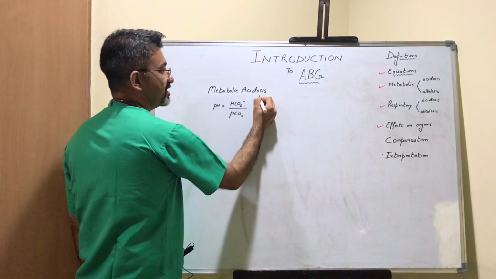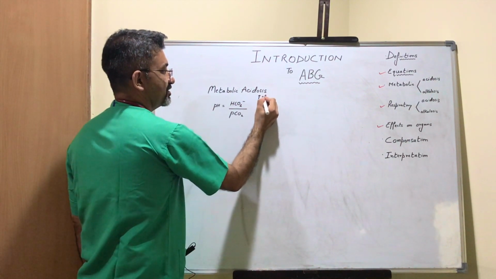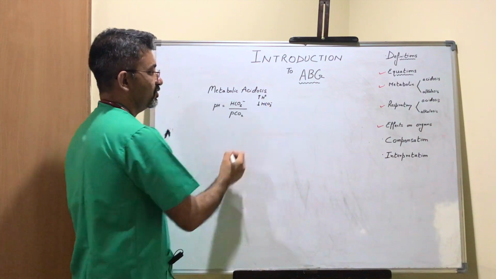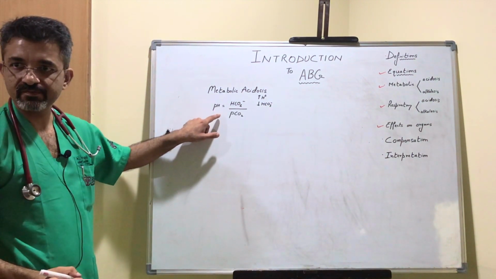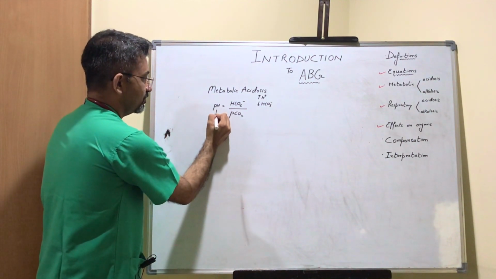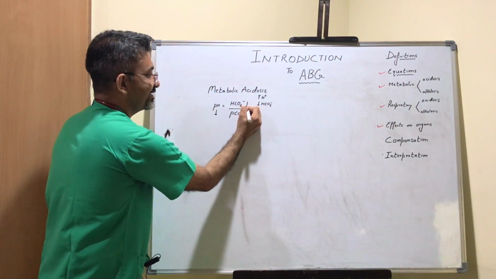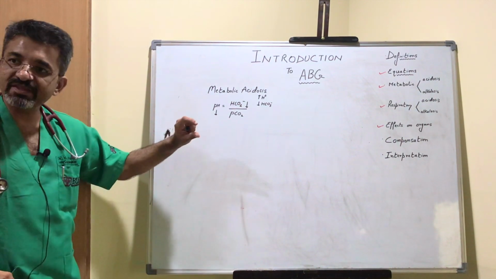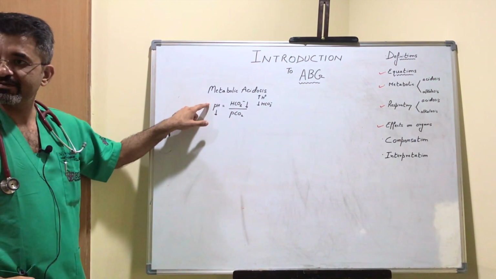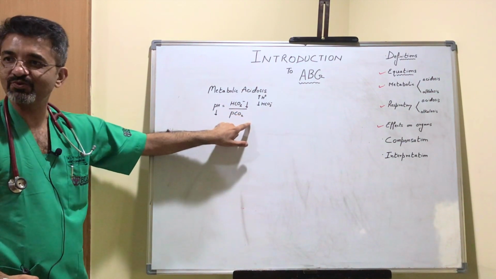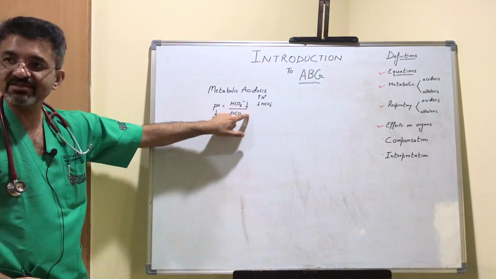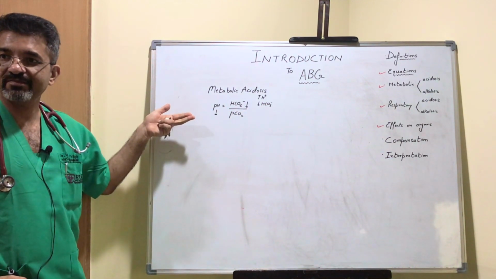Either there is an increase in H ions or a decrease in HCO3. So if I use this equation, pH is going down, the numerator HCO3 is going down. What should be the compensation to make this pH normal? The compensation should be a decrease in PCO2. If the numerator also decreases in the same way as the denominator, the pH will be the same.